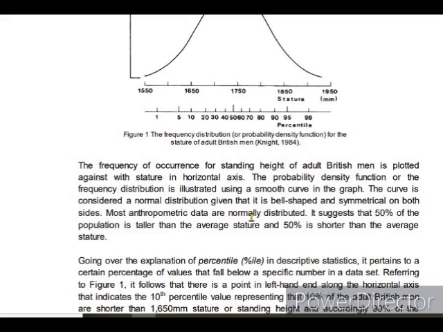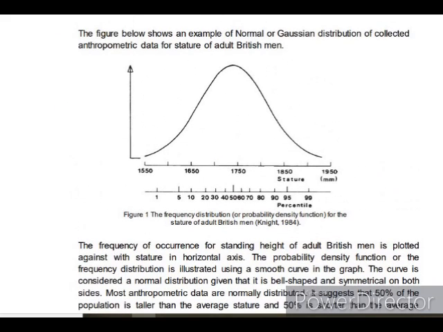The probability density function for the frequency distribution is illustrated using a smooth curve in the graph. What is a smooth curve here? When you say smooth curve, it is a curve like a bell shape. That is the graph. So the curve is considered a normal distribution because it is bell shaped.